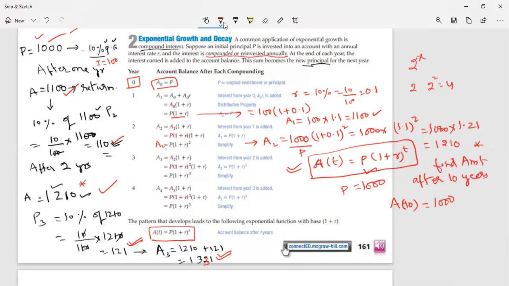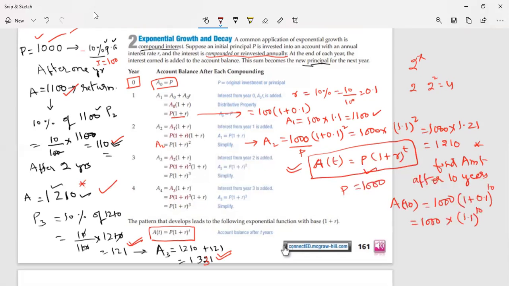The next term is 1 plus R. I have taken R as 10%, which is 10 divided by 100, 0.1, raised to power 10. That means 1000 into 1.1 raised to power 10.